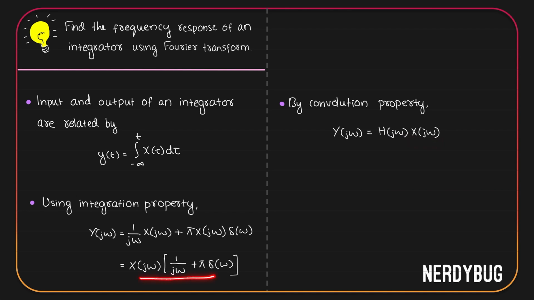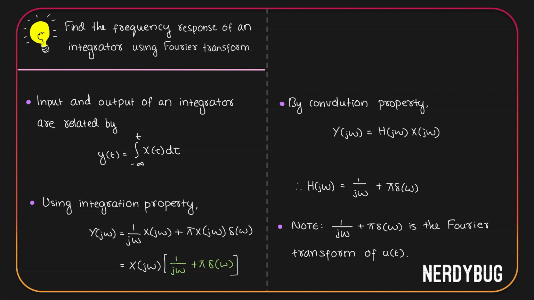Comparing with this equation, H of j omega will be 1 by j omega plus pi delta of omega. Let's write it down. H of j omega, which is the frequency response of an integrator, is 1 by j omega plus pi delta of omega. One thing we can note here is this.